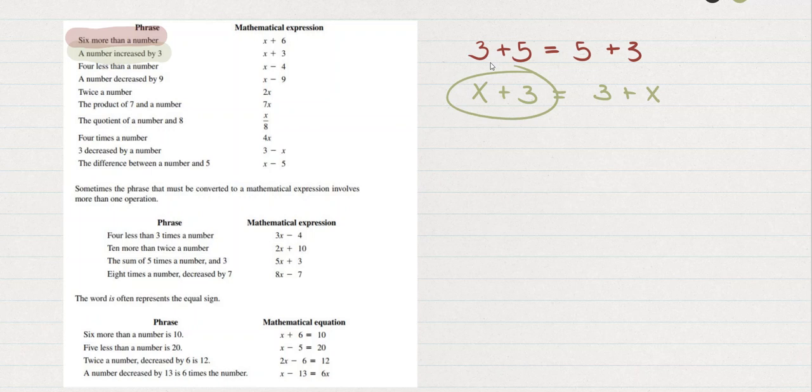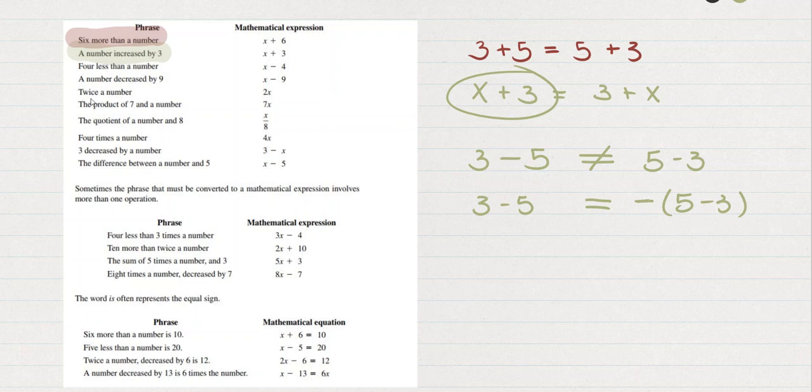Now when we get to subtraction, it's important to note that 3 minus 5 is not equal to 5 minus 3. They're not commutative. What's actually true is that 3 minus 5 and 5 minus 3 are opposites of each other.